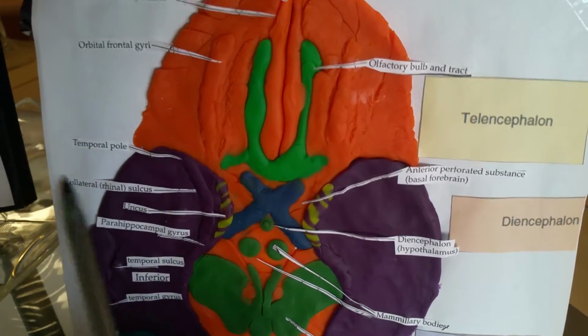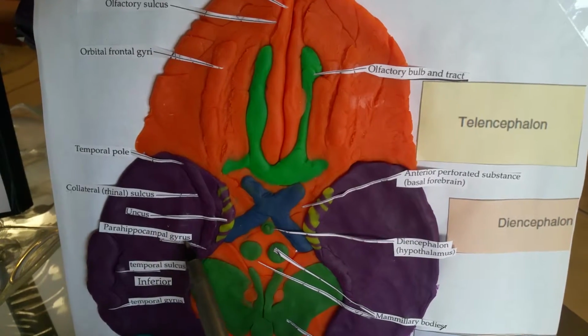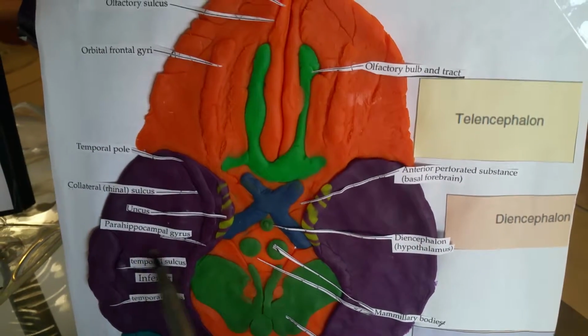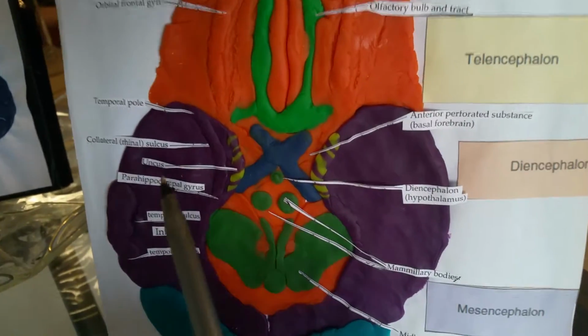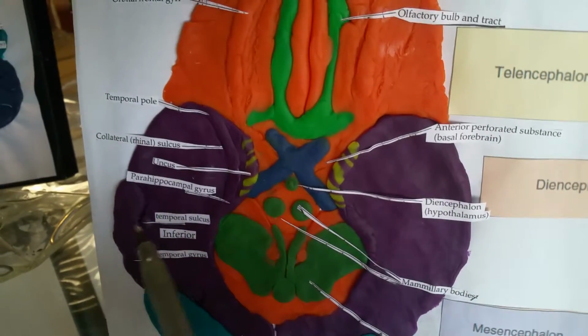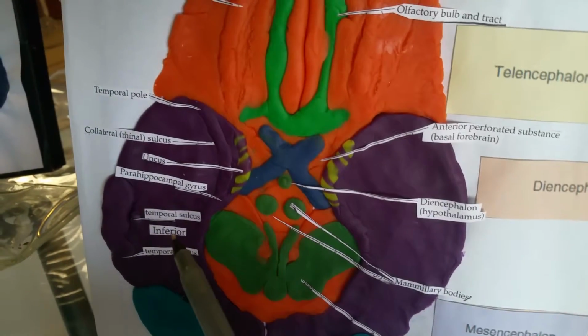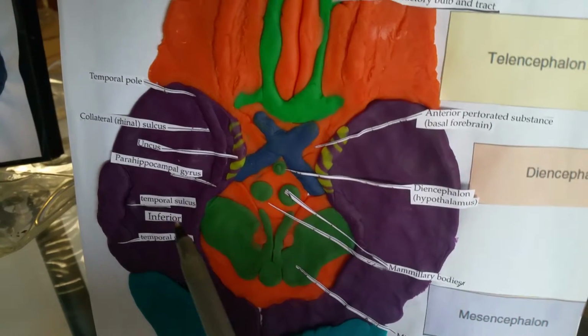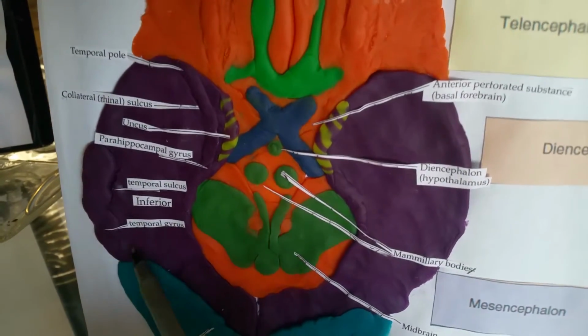The parahippocampal gyrus, temporal sulcus, I can't see that groove there, but it's there. They're both the inferior temporal sulcus and the inferior temporal gyrus. Okay.